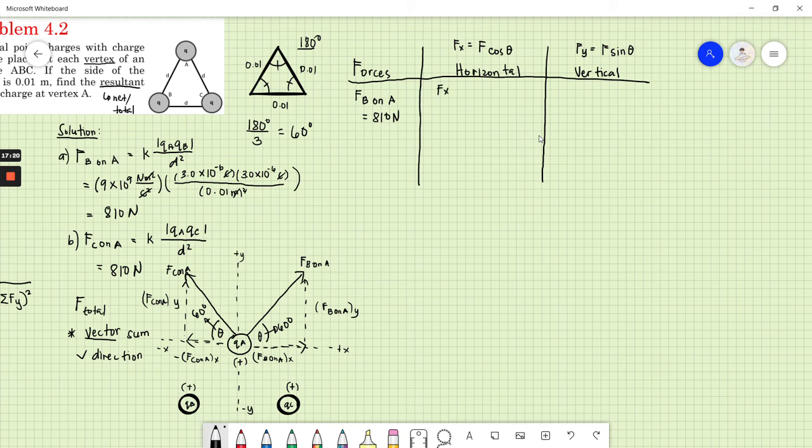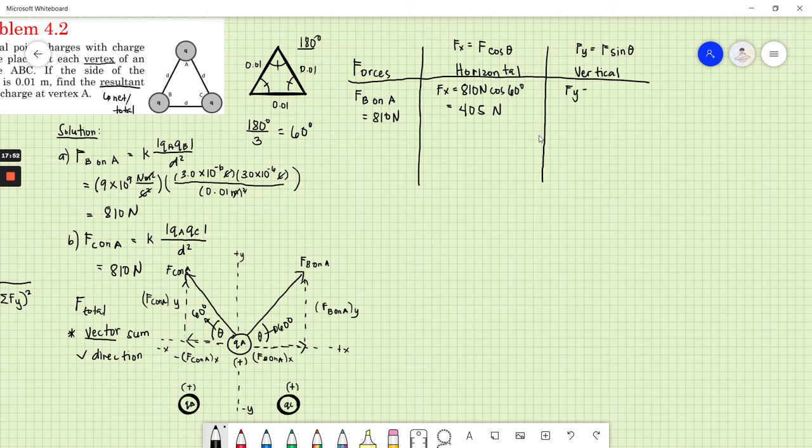In order for us to solve for the x component of our FB on A, we just have to take the magnitude of the force, which is 810 newtons, and multiply it with cosine of whatever angle is here. That's cosine 60 degrees, and that is actually equal to 405 newtons. Now let's solve for the Fy.